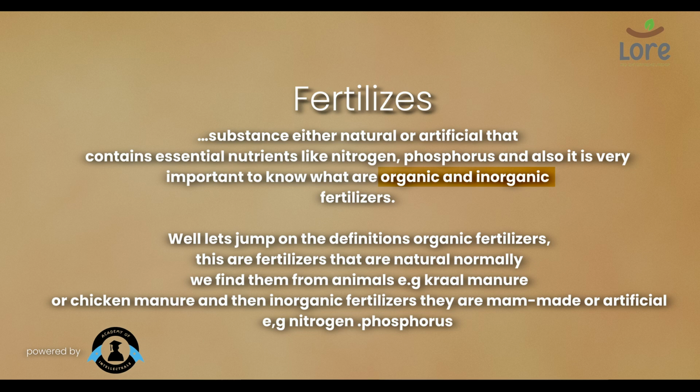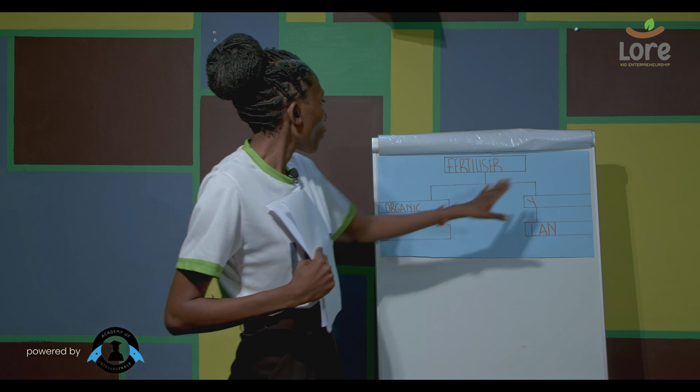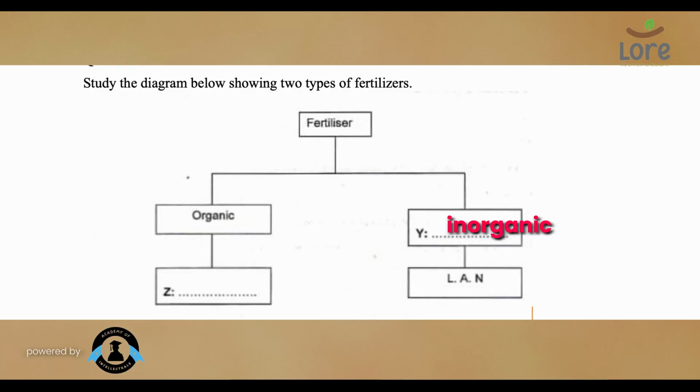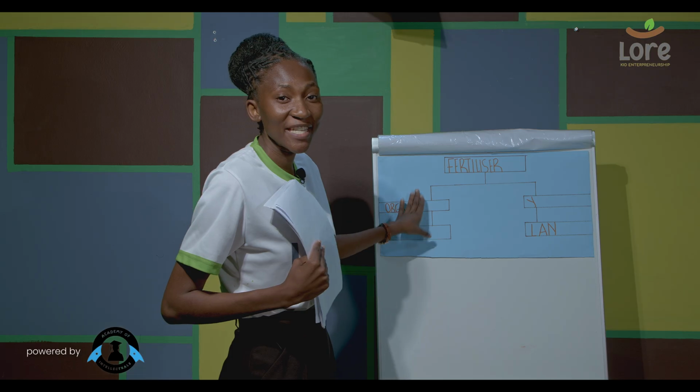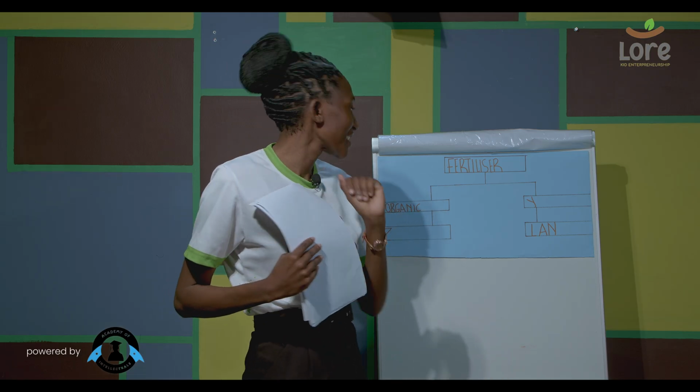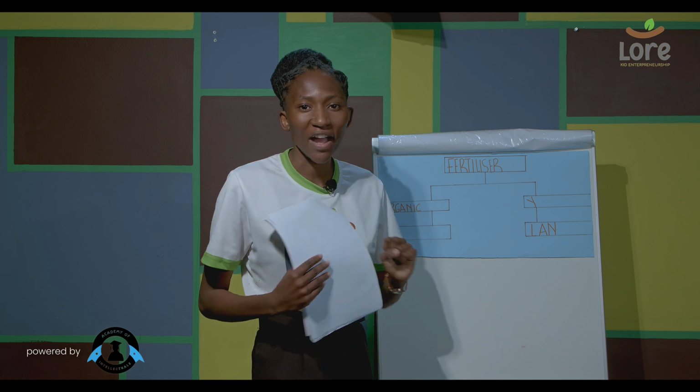And that's how we complete our diagram. With letter Y, it is inorganic fertilizer, and with letter Z, it is cow manure or chicken manure, basically an example of organic fertilizer. And that's how you earn your full 2 marks.